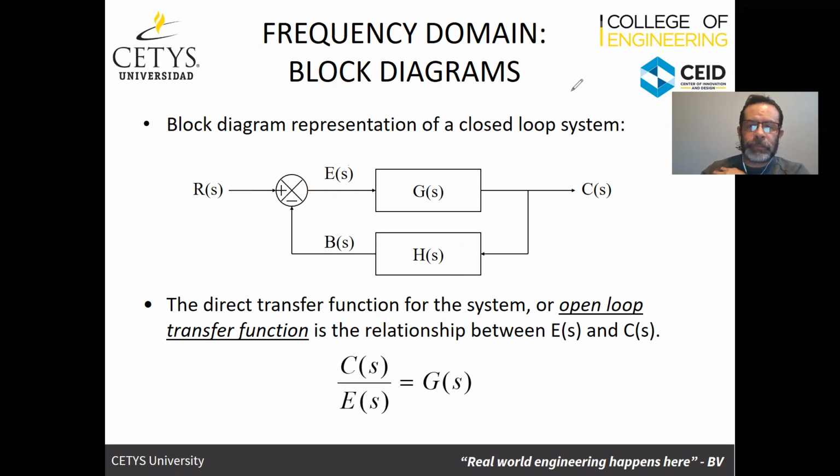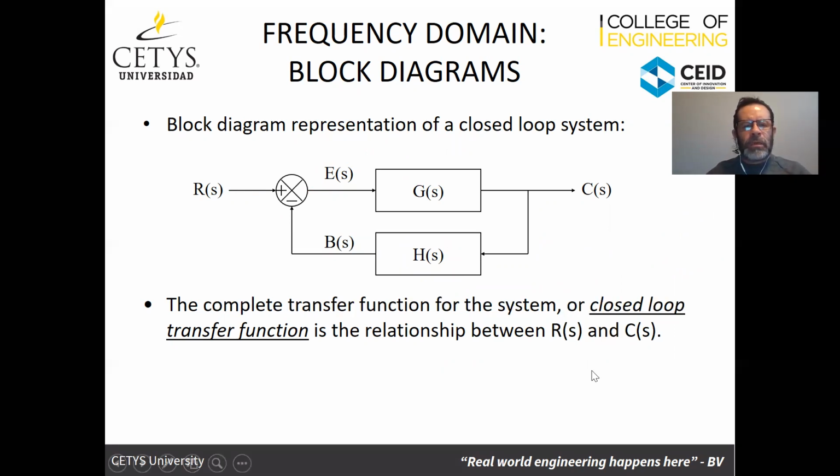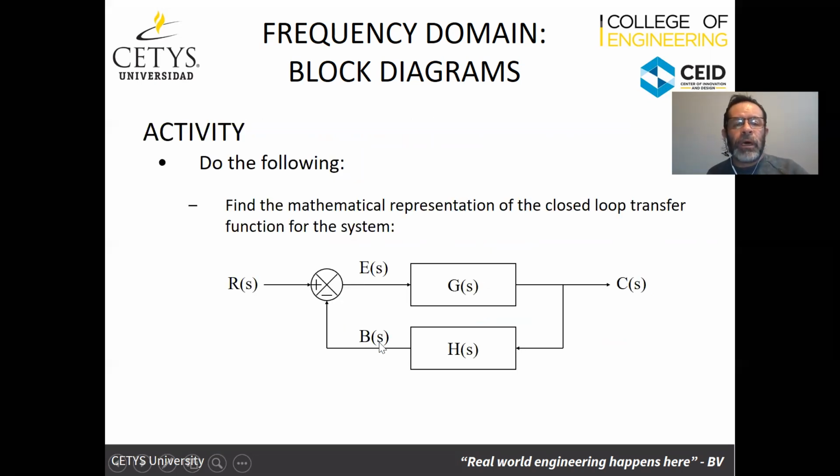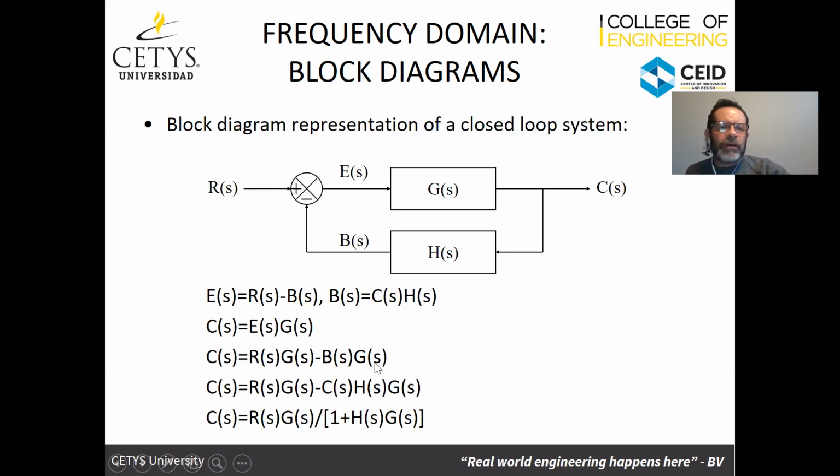Now, the complete transfer function is going to be the relationship between C of S and R of S. So let's play around with that to see what we get, and find a mathematical representation of this with the information we have.